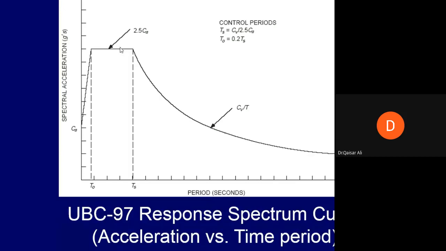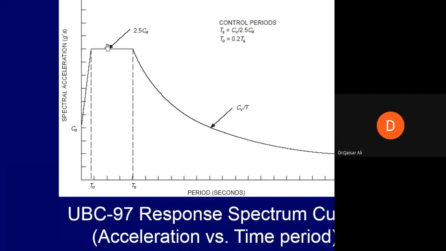So due to this amplification, you will get the highest values here in the low period range. These low period values are the periods of the structures. From low period, we mean around 0.1 to 0.3 or 0.4 seconds. Within this region, you will get the maximum response.